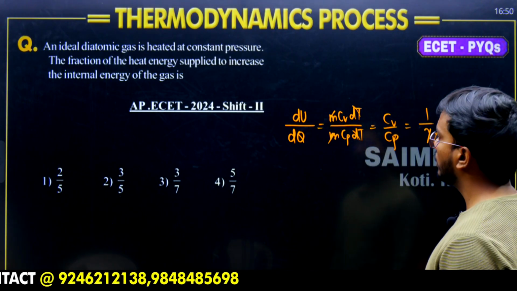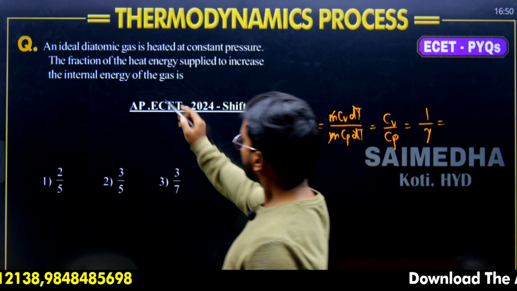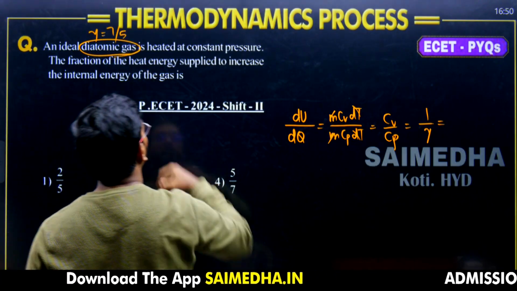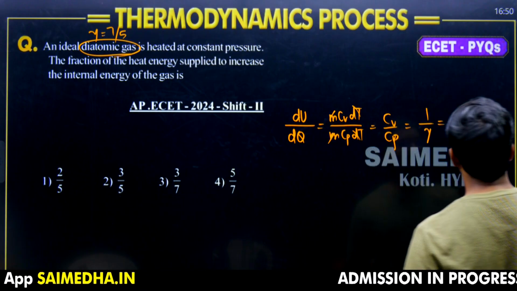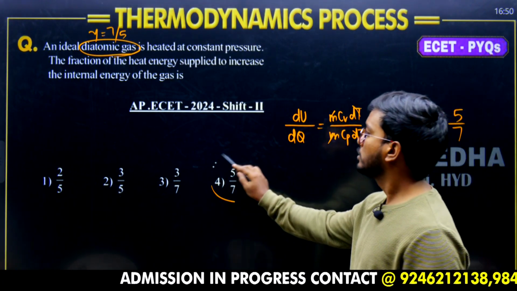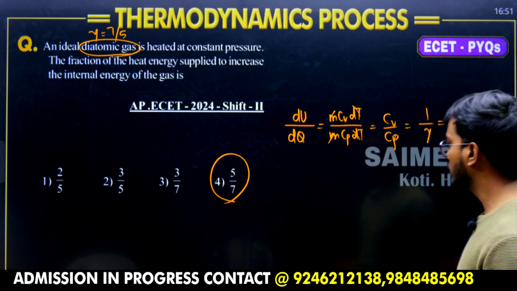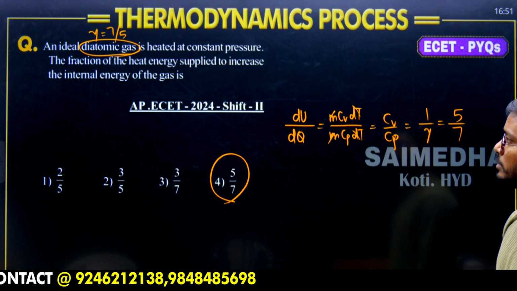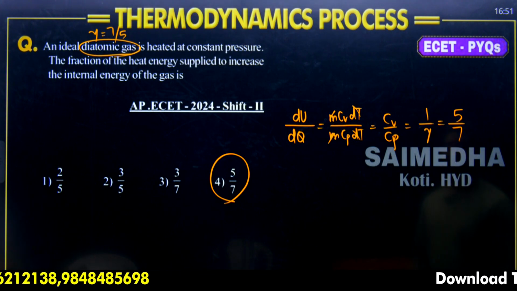And gamma for diatomic gas is 7 by 5. So 1 by gamma is going to become 5 divided by 7. This is an ECET 2024 asked question. The fraction of heat energy utilized for internal energy.